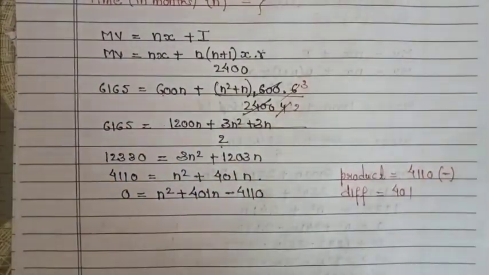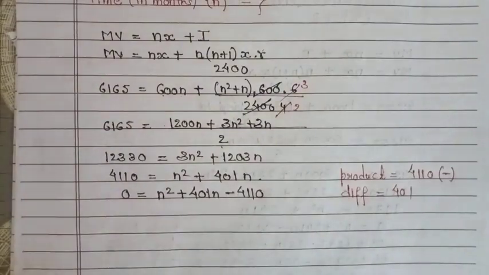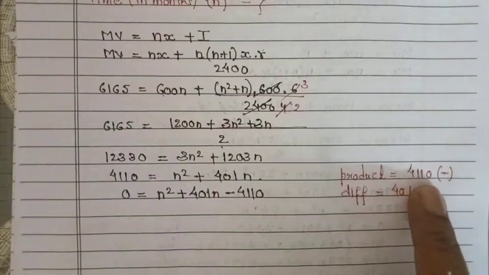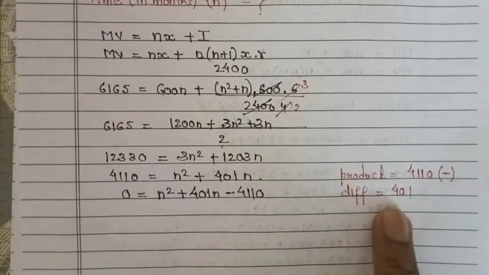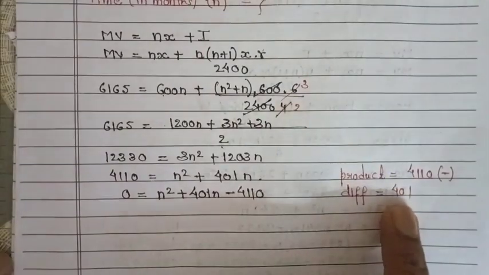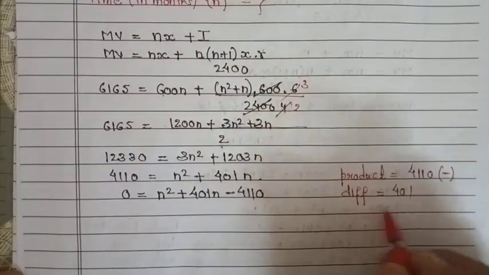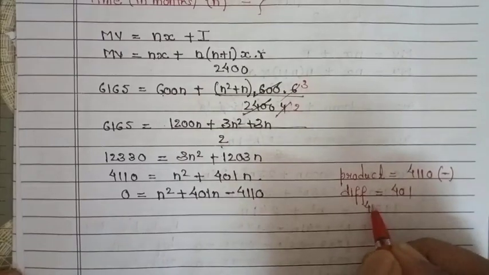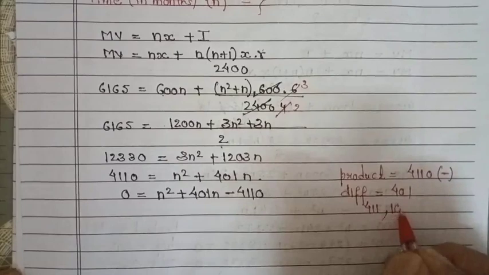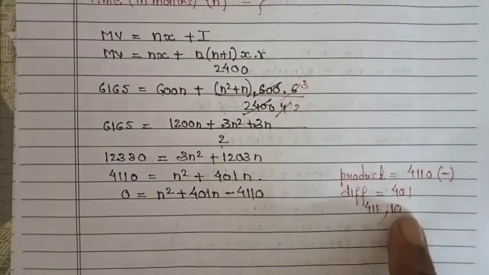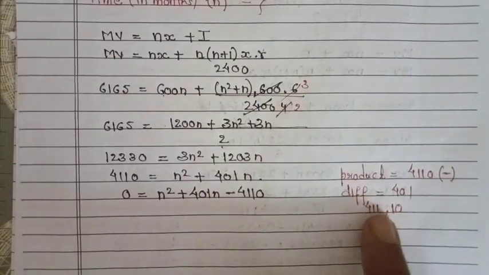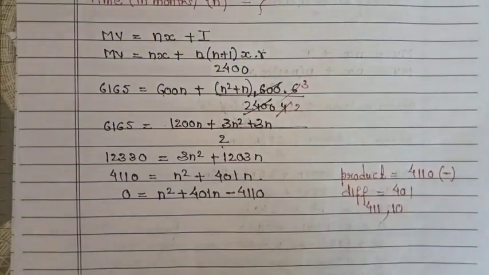So what this information tells us is that we have to find two numbers whose product will be 4110, and the difference of those two numbers should be 401. So the two numbers will be 411 and 10. If you multiply these two, you will get 4110. If you take the difference of these two, you will get 401.